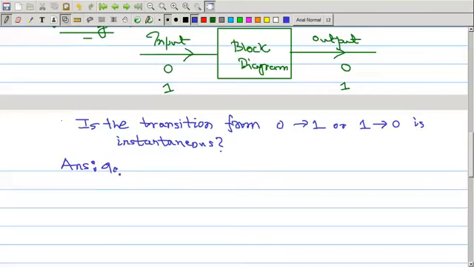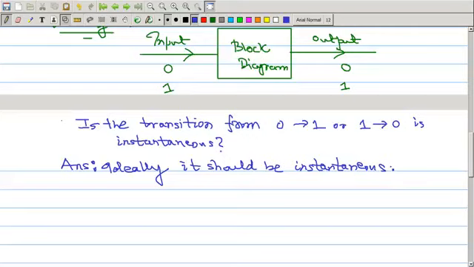The answer is, ideally it should be instantaneous. As soon as you put the signal at the input, you should get the requisite change at the output. I repeat, as soon as you put an input, you should get an output instantaneously at that particular instant. That is the ideal situation.